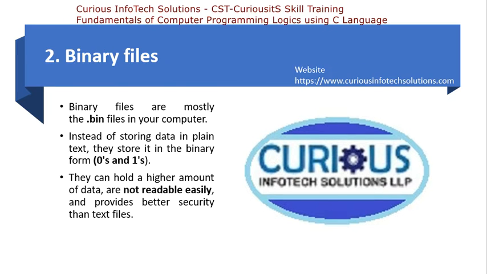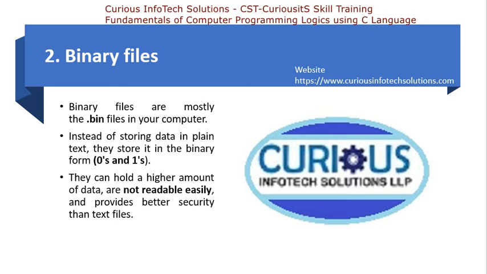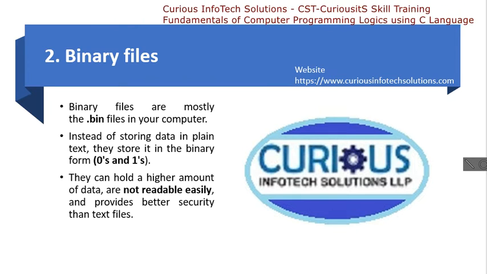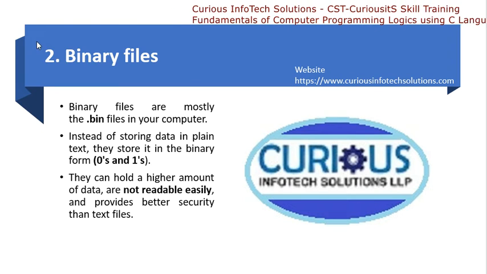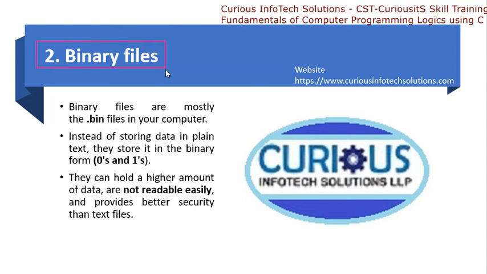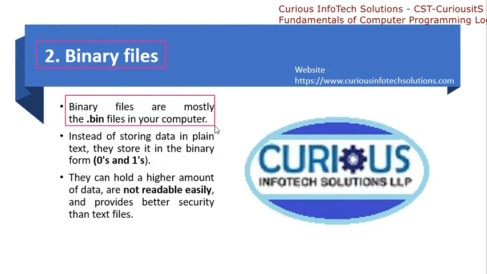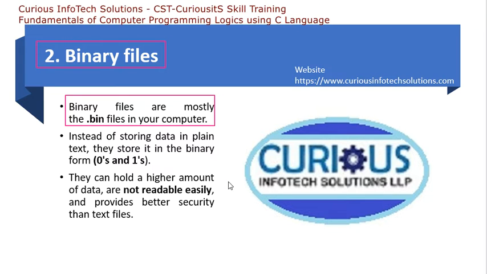Normally big programs maintain the binary file. Whenever we are using some confidential data, we have to use this binary file. The binary files mostly use the extension .bin, binary.